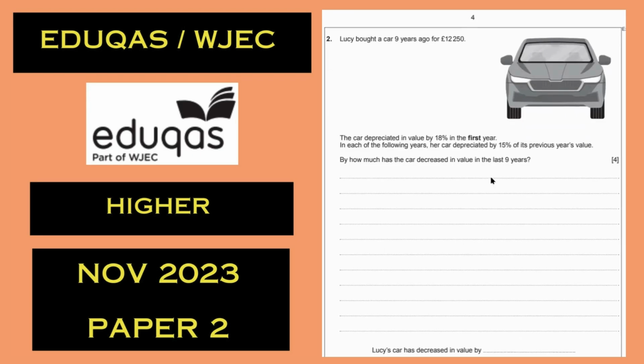Number 2, we've got Lucy buying a car, so we refer to the initial investment of any situation like this, the capital. Always for me worth writing your capital down. The car depreciates by 18%. We need a multiplier. To get your multiplier, I always say, if you start with a pound, think of percent and pence.